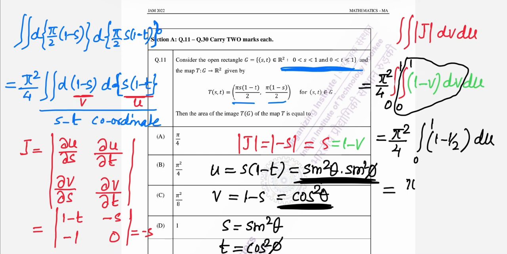So here will be pi square by 4, and here 1 by 2 will come out as a constant, and the integration of du with upper limit 1 and lower limit 0 will be 1. So our answer comes out to be pi square by 8, and this answer you see in option C. So C is our correct option.